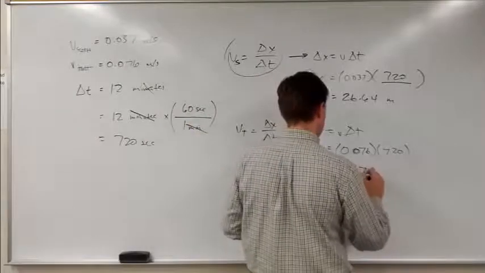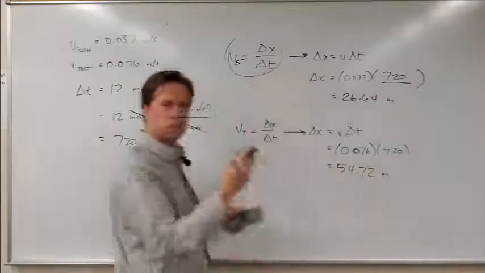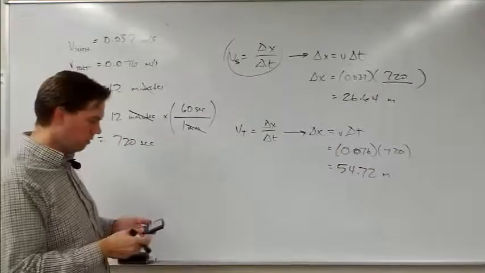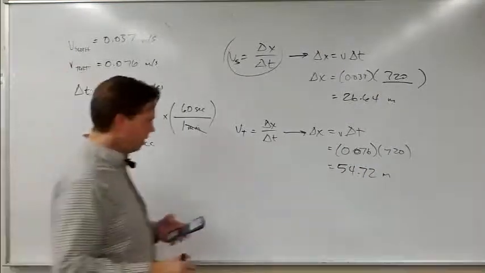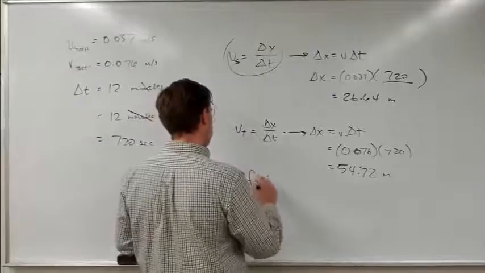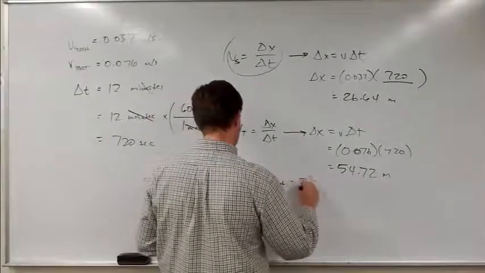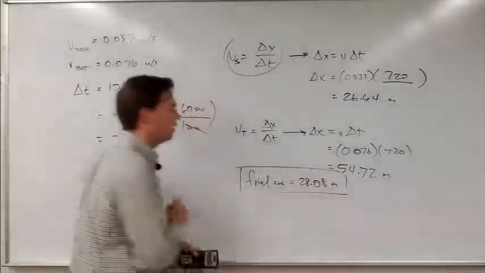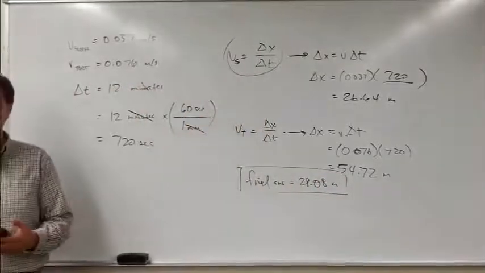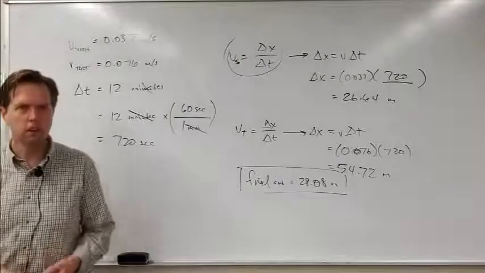Got 54.72 meters in this case, and so clearly it's just subtract the two, and that's the final answer, right? Final answer is 28.08 meters. Okay, that's how far ahead the tortoise gets in front of the sloth.